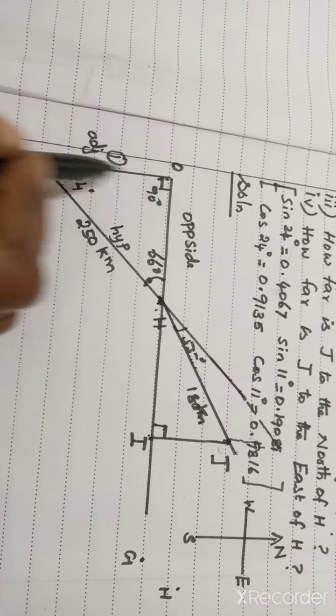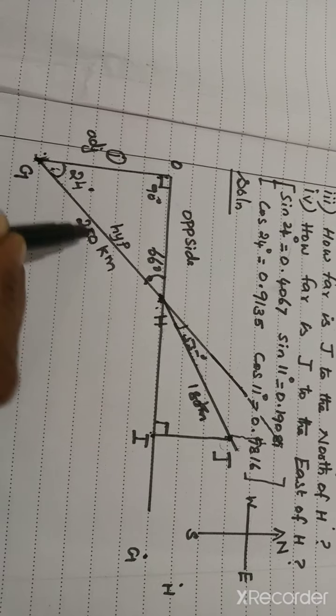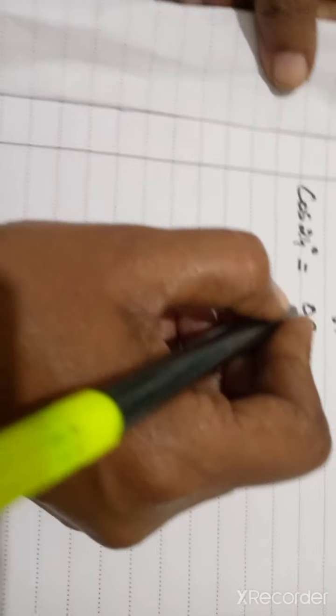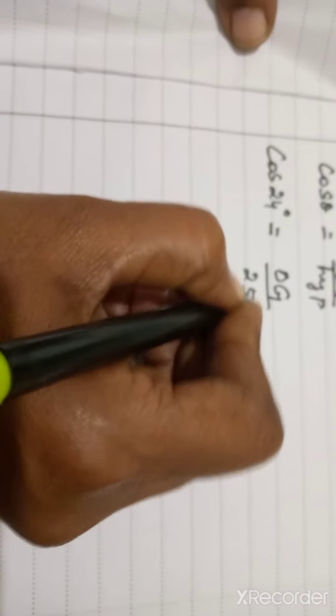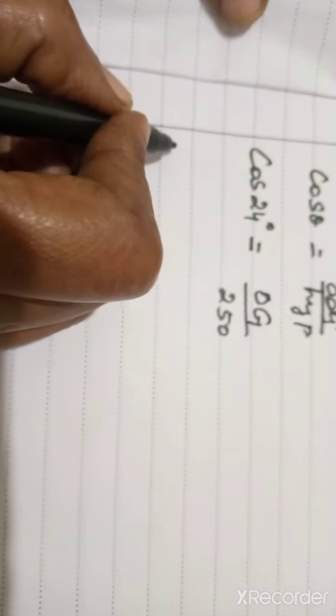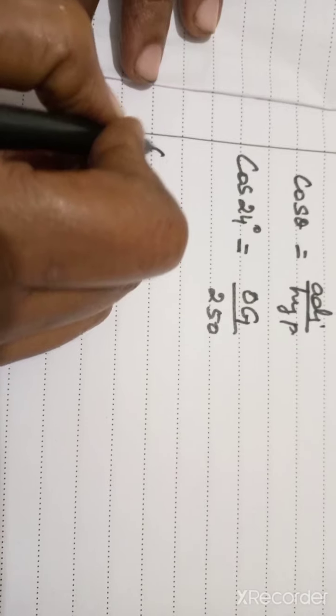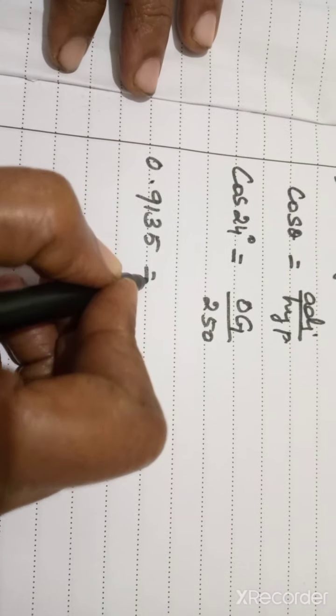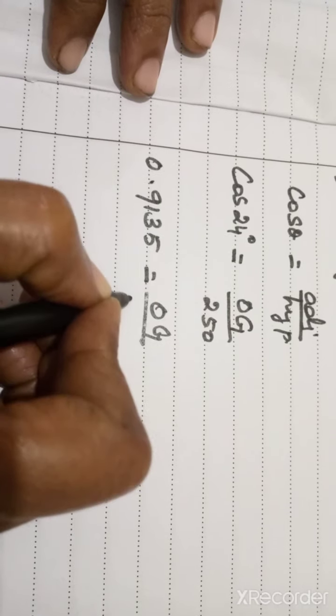See here adjacent is OG, by hypotenuse side is 250. So cos 24 value is given in the question, that is 0.9135 equal to OG, only we have to find out, by 250.